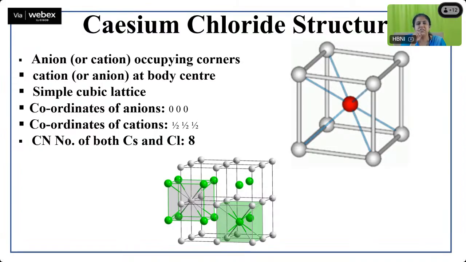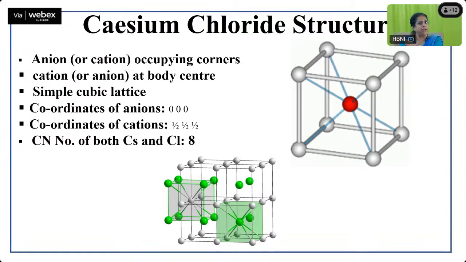Okay, now cesium and chlorine, their radius ratio, we'll talk about radius ratio in next class. Their radius ratio is such that a cesium can take 8 chlorine around it, while a sodium cannot. Okay, an ionic solid will always prefer as high a coordination number as possible.